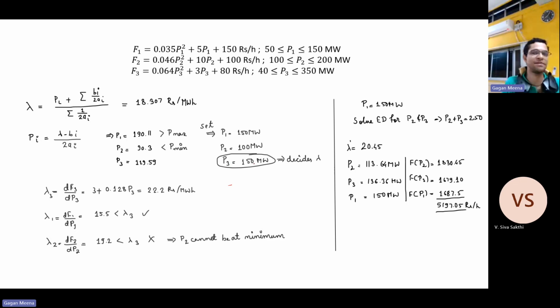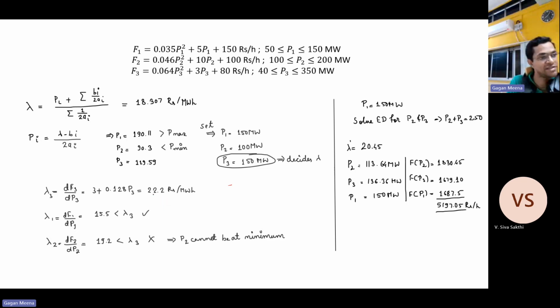The remaining will be supplied by P3, which is 150. Now, because this is supplying the load and other two are at their limit, this will decide the lambda, incremental cost. We can calculate incremental cost using this. Lambda will be 3 plus 0.128 P3, 22.2.